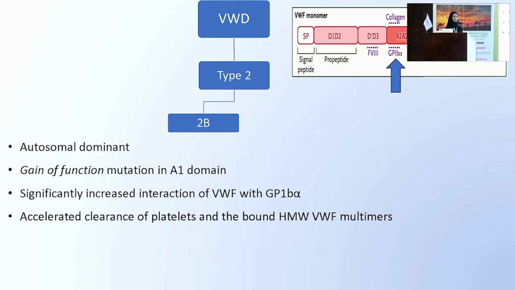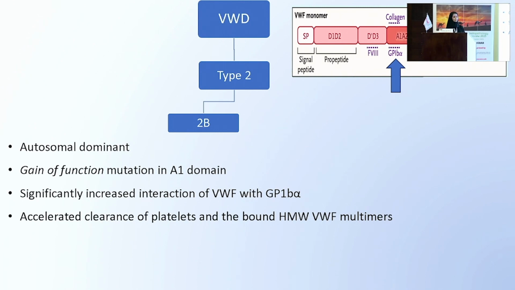Type 2B is another interesting entity in type 2. It's autosomal dominant, and it is caused by a gain of function mutation of the A1 domain, resulting in significantly increased binding to glycoprotein 1b alpha on the platelets.